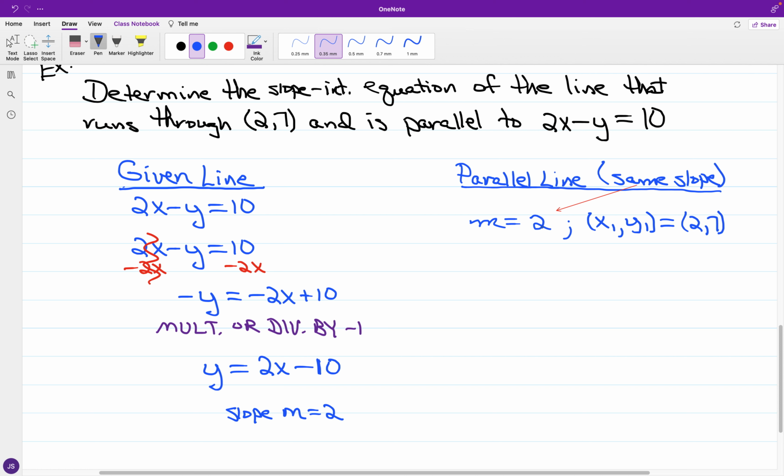So the slope and a point through which the parallel line passes are known. And on the pathway to the slope intercept form, I can start out with the point slope setup.